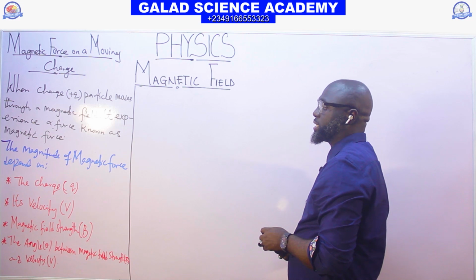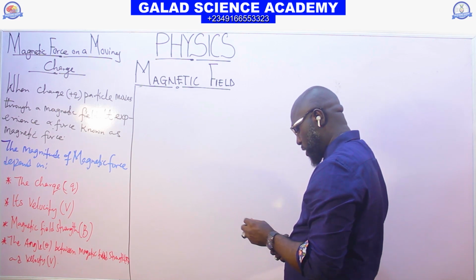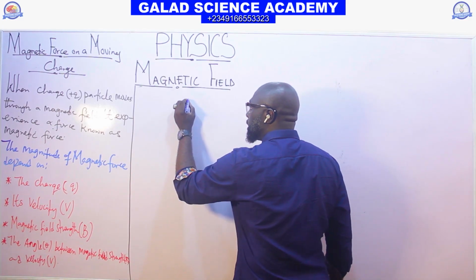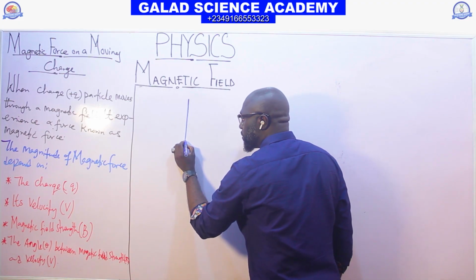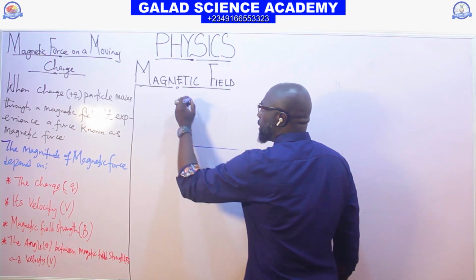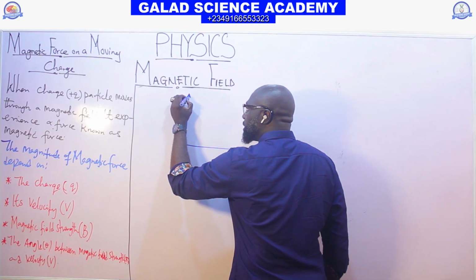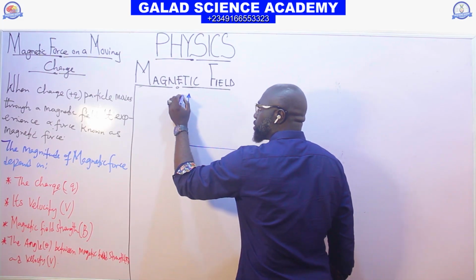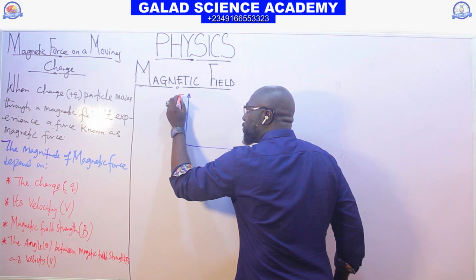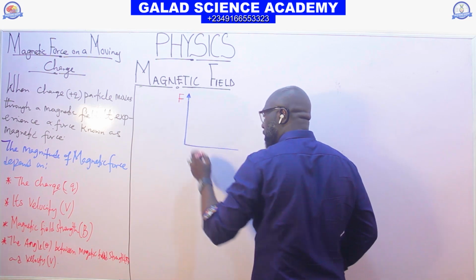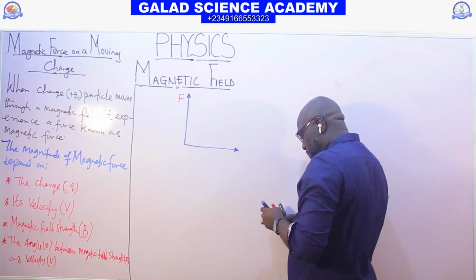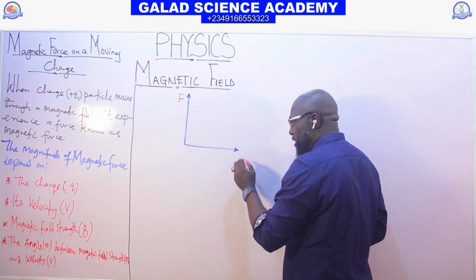For that case, we can have it in this form. This perpendicular line represents the magnetic force in Newton. And this represents B, the magnetic flux density.